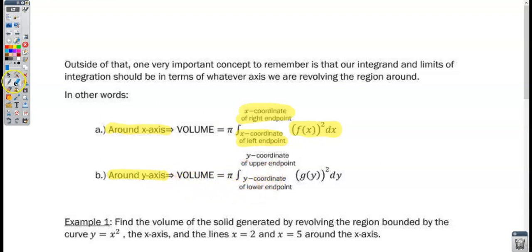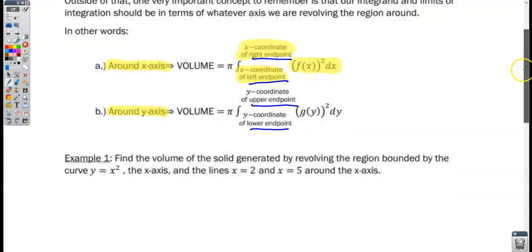Notice the difference here. We were talking about the x-coordinate of the left endpoint and right endpoint, and when we're talking about the y-coordinates, we're talking about the y-coordinate of the lower endpoint and upper endpoint, because we're spinning something around a vertical line instead of a horizontal line. As long as you keep this in mind, that when we're going around the x-axis, everything's in terms of x, and when we're going around the y-axis, everything's in terms of y.